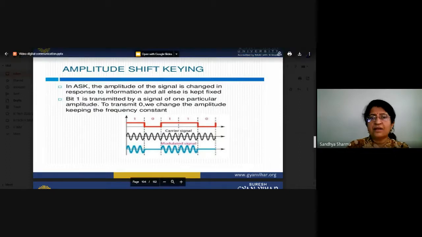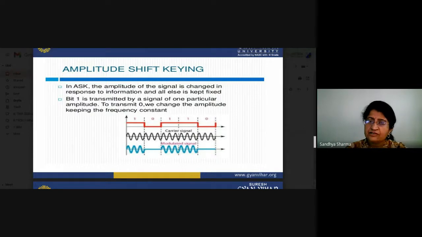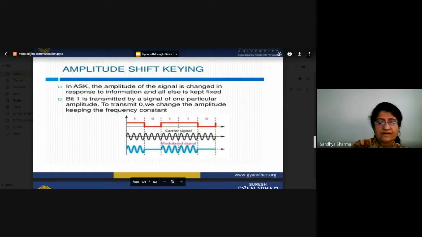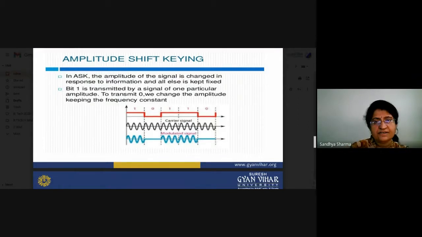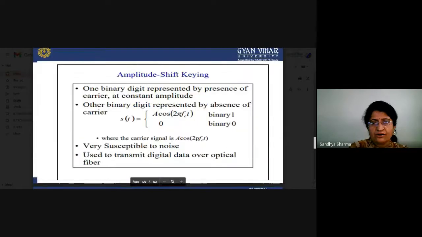So there is on and off. It is also called on-off keying: if you want to transmit a 0 symbol there is no carrier signal, and if you want to transmit 1, there is a carrier signal. This is based only on the presence and absence of the carrier signal. In this way our signals are transmitted in amplitude shift keying.